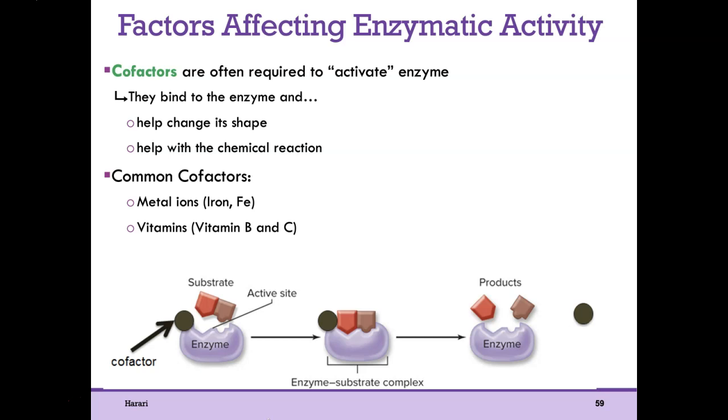Some vitamins are cofactors, like vitamin B and C. And electron carriers, like NADP+, we'll talk about. All of these are non-proteins, but they're added to enzymes to help them function. So cofactors are like helpers. A lot of the vitamins you take are required as cofactors. Specifically, an organic cofactor is called a coenzyme.